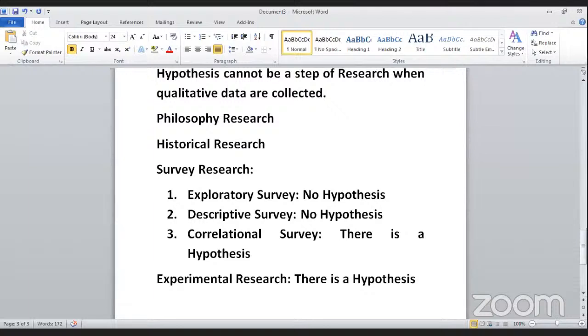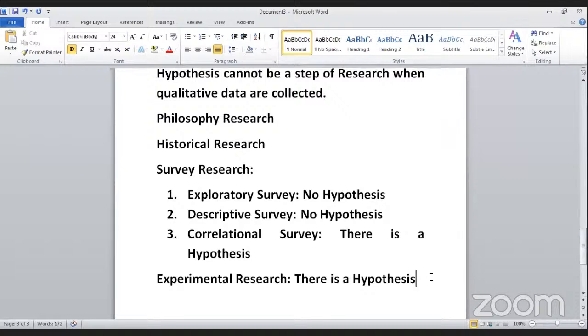It is essential because you will have the quantitative data, and when you have the quantitative data, you can analyze them with the help of statistical methods, and therefore you can test your hypothesis.